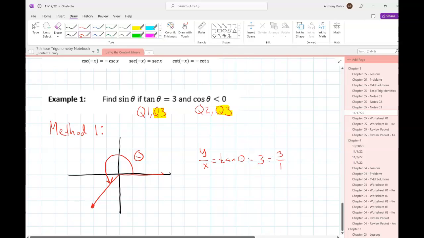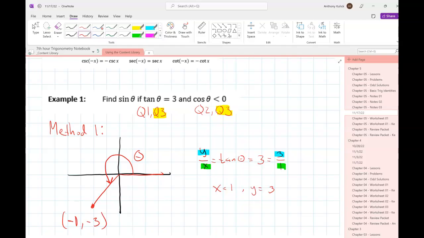So what can I say about x and y? x is 1 and y is 3. Is that cool? But what quadrant is our answer in? 3. So really, what should I be writing here? Negative 1 and negative 3.